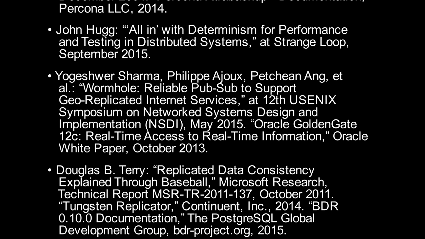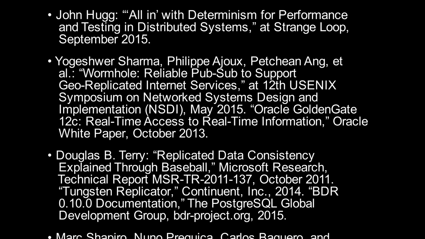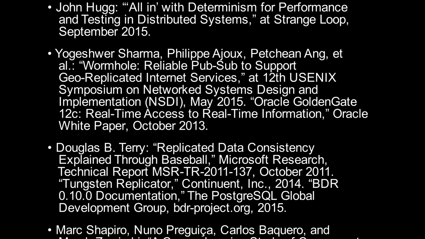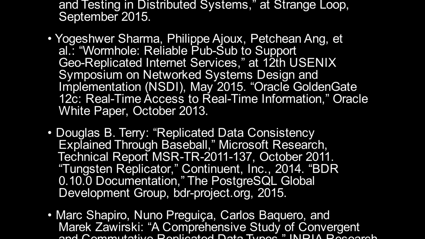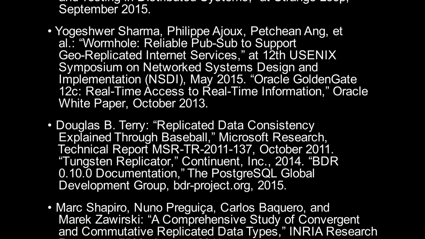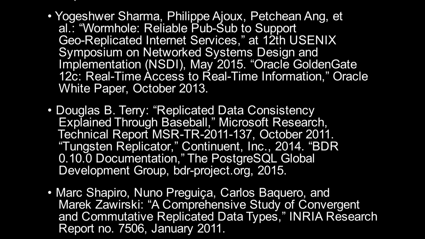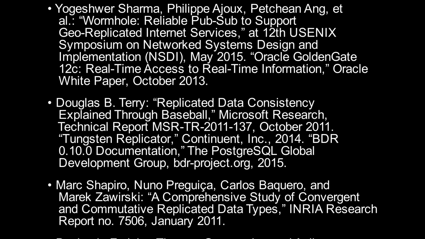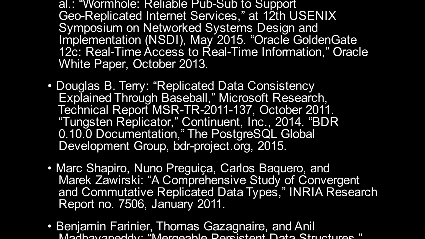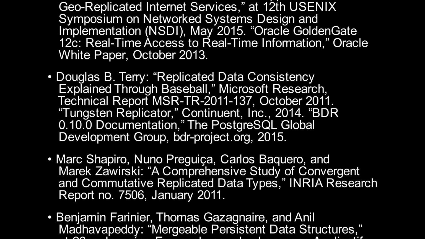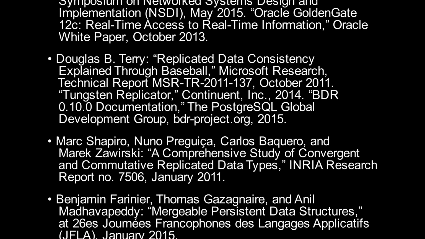Replicated Data Consistency Explained Through Baseball. Microsoft Research, Technical Report MSR-TR-2011-137, October 2011. Tungsten Replicator, Continuent, Inc., 2014. BDR 0.10.0 Documentation, The PostgreSQL Global Development Group, bdr-project.org, 2015. Marc Shapiro, Nuno Preguiça, Carlos Baquero, and Marek Zawirski. A Comprehensive Study of Convergent and Commutative Replicated Data Types, INRIA Research Report No.